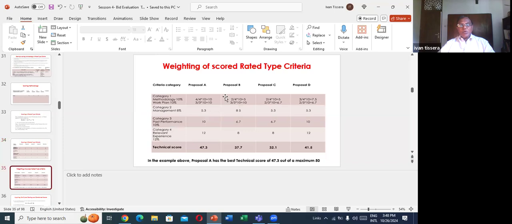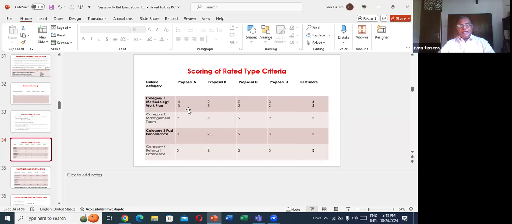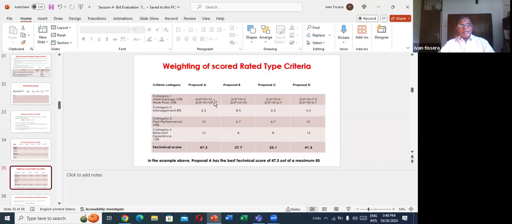So, weighting of scores for the rated type criteria, categories A, B, C, D. Category 1, 4 out of 4 times 10, that is 10 marks because A gets 4 out of 4, right? Then how many marks does he get? 10 marks. Work plan we have allocated 10%: 3 out of 3, 10 marks.